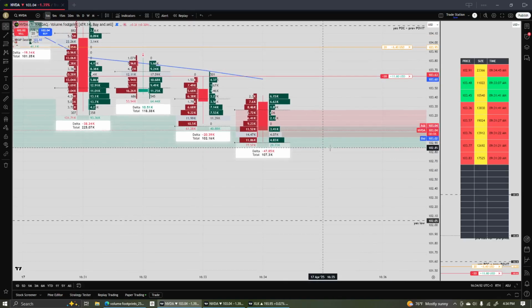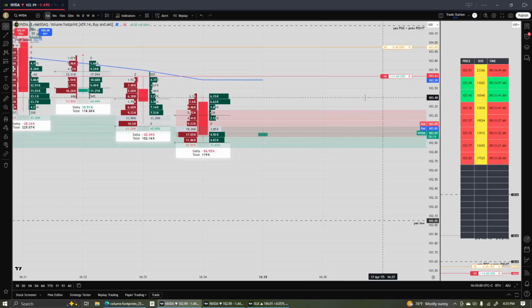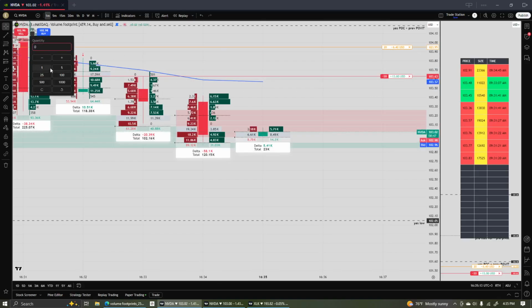Do you think it'll go down to 102? 103 would be a good area to exit, or not? It's so hard to tell. Do we book some of the profits? Do we? I don't know.